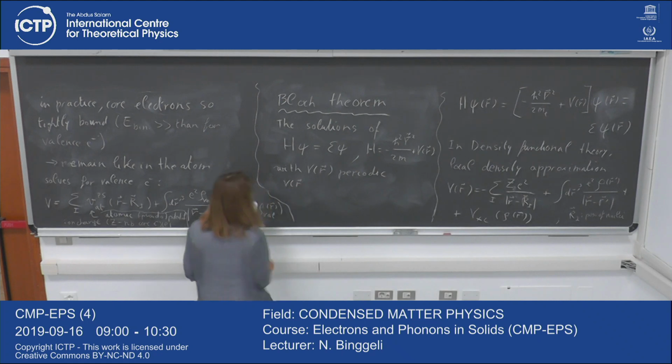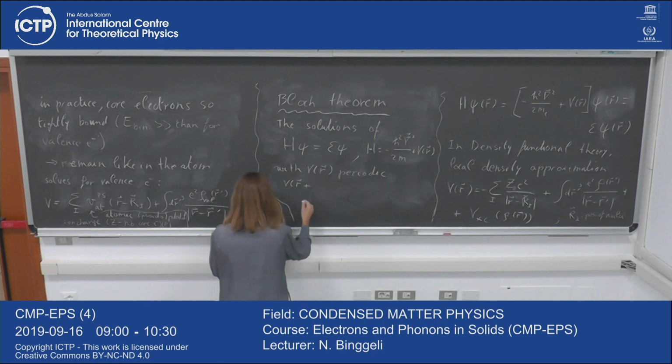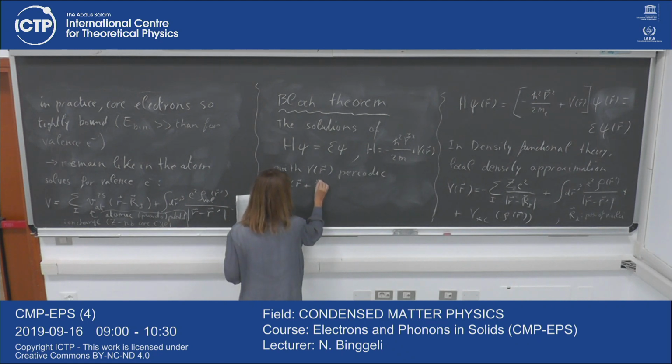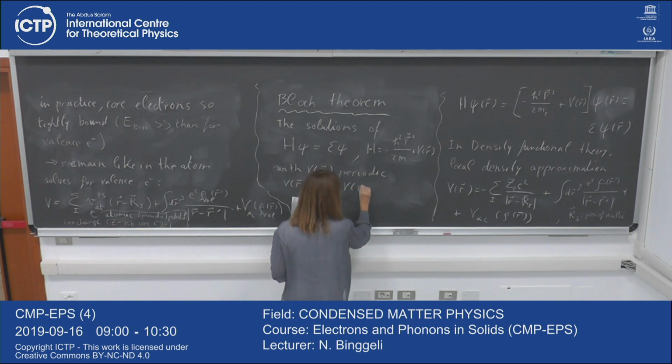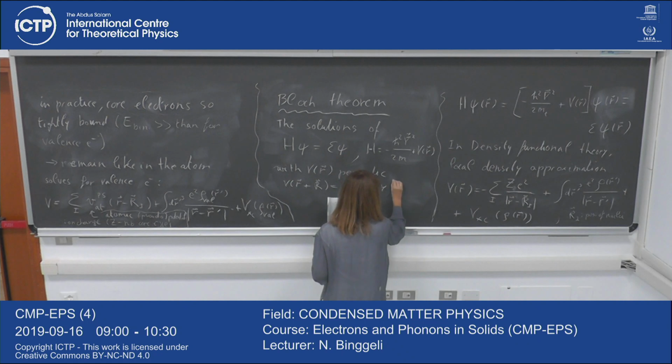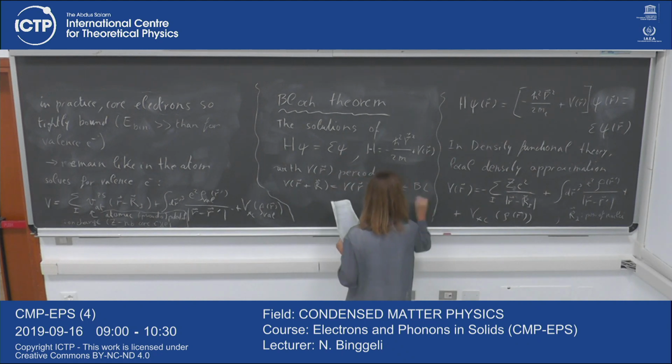I can write explicitly this periodicity, that is V of R plus capital R is equal to V of R for any R belonging to my Bravais lattice.